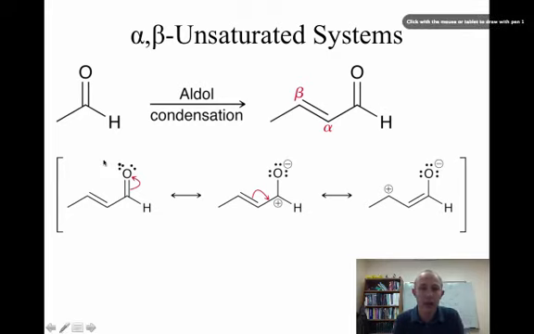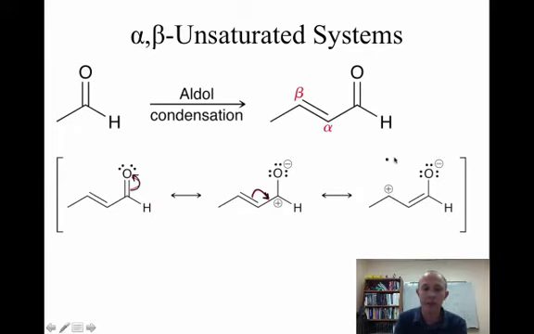What's interesting about alpha-beta unsaturated ketones and aldehydes is that all aldehydes and ketones possess a resonance structure that separates the charges, negative charge on oxygen, positive charge on carbon. But the difference is if you have an unsaturated ketone or aldehyde, you have this double bond next door, which we can then draw a third resonance structure, right, that places the positive charge on the beta carbon.